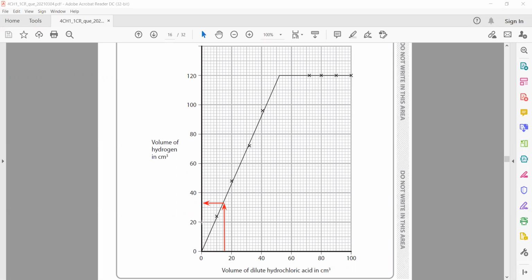Each box is 2, so this one is 30, about 32. So with 15 cm cube you were getting 32, but if you double the concentration, the volume will also double, so you will collect 64 cm cube if you double the concentration of HCl.